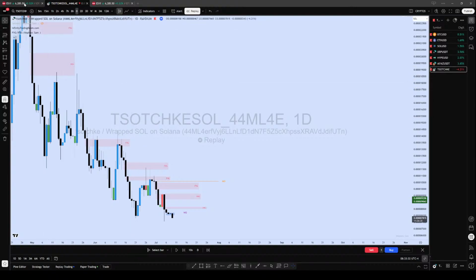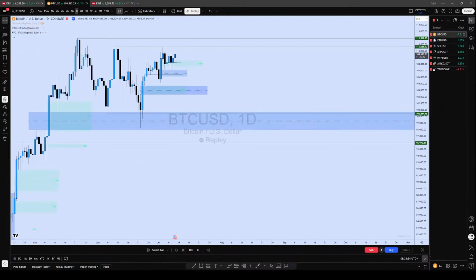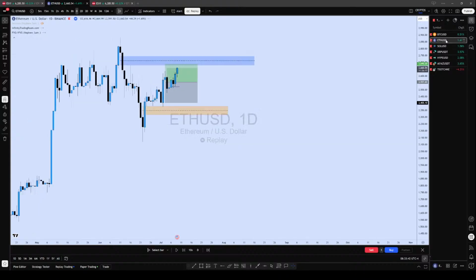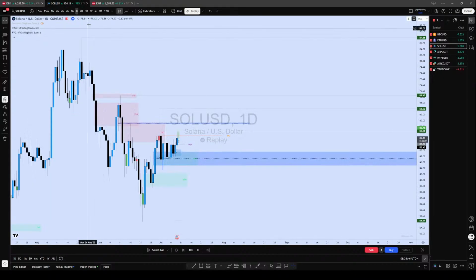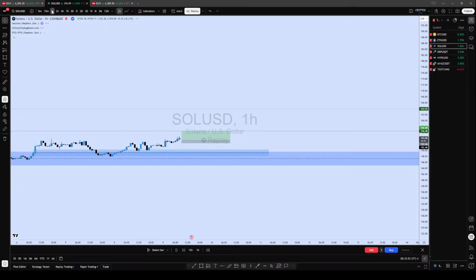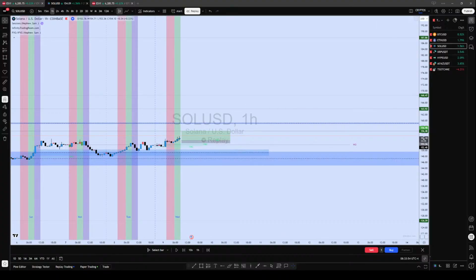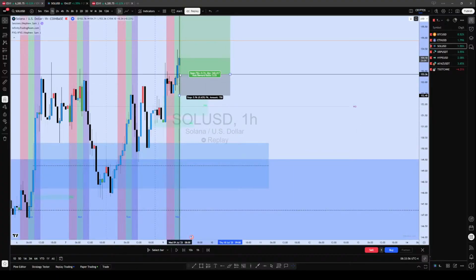Now let's go back. Bitcoin, I think I've already said a lot. Today closing bullish, it take you up there. In terms of trade ideas, let me see, Solana. Yeah, Solana will be a good one for the move up here. If we pull back to this gap.